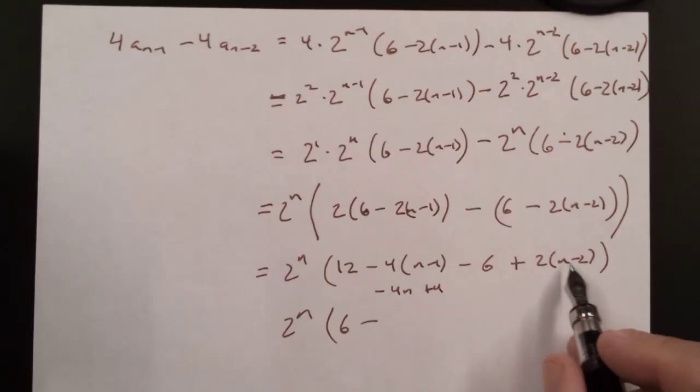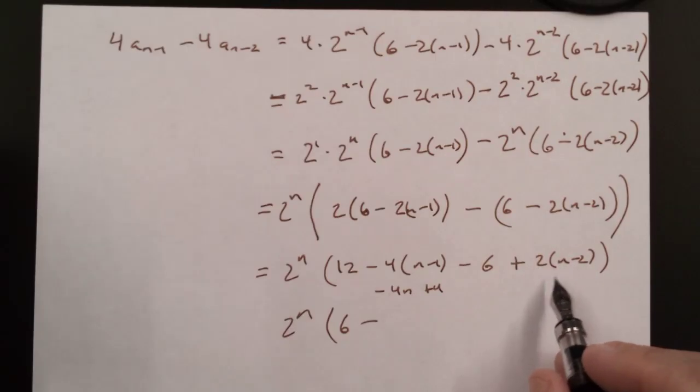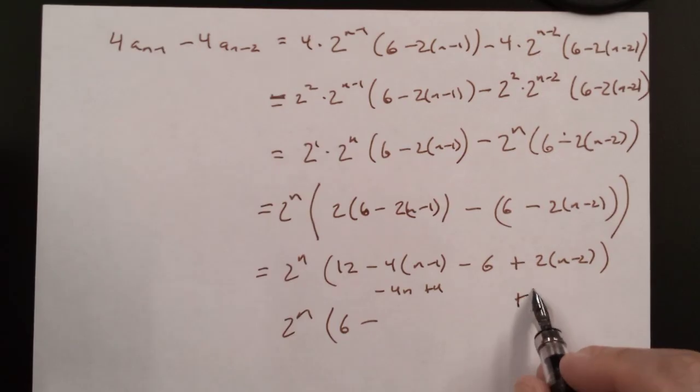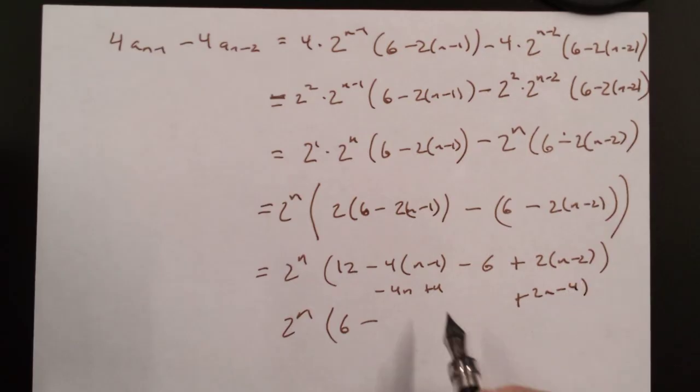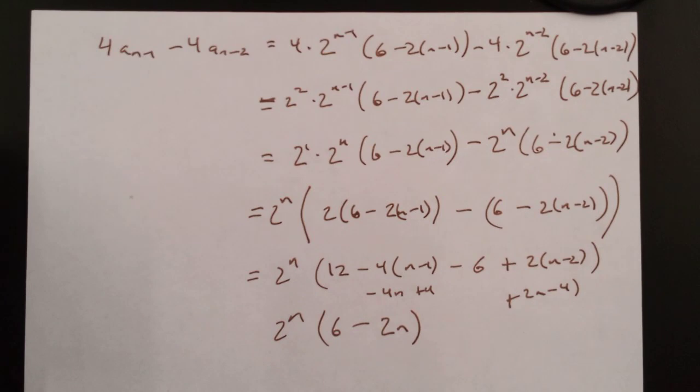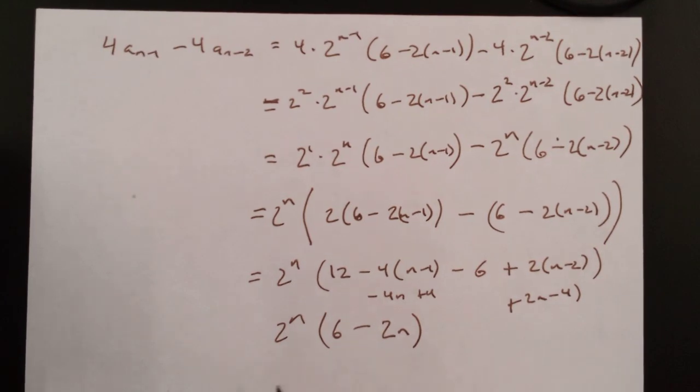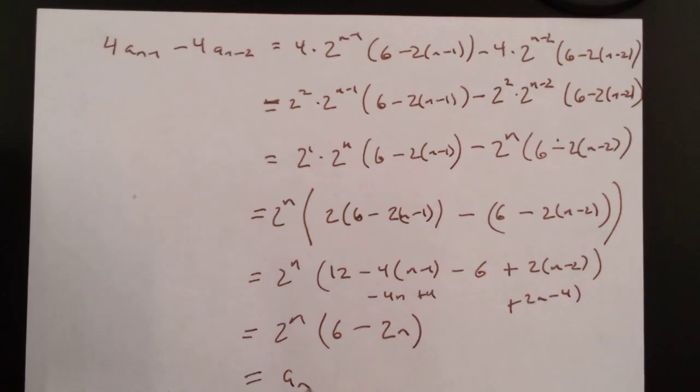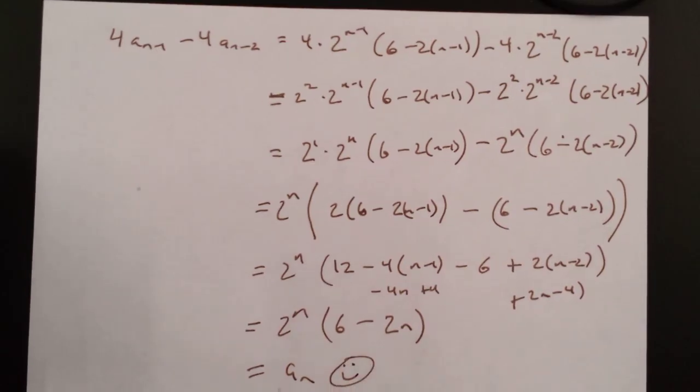And then here I get plus 2n minus 4. What happens to the 4's? And I'm left with minus 4n plus 2n. And that's exactly what I wanted to end up with, isn't it? Phew! It worked!